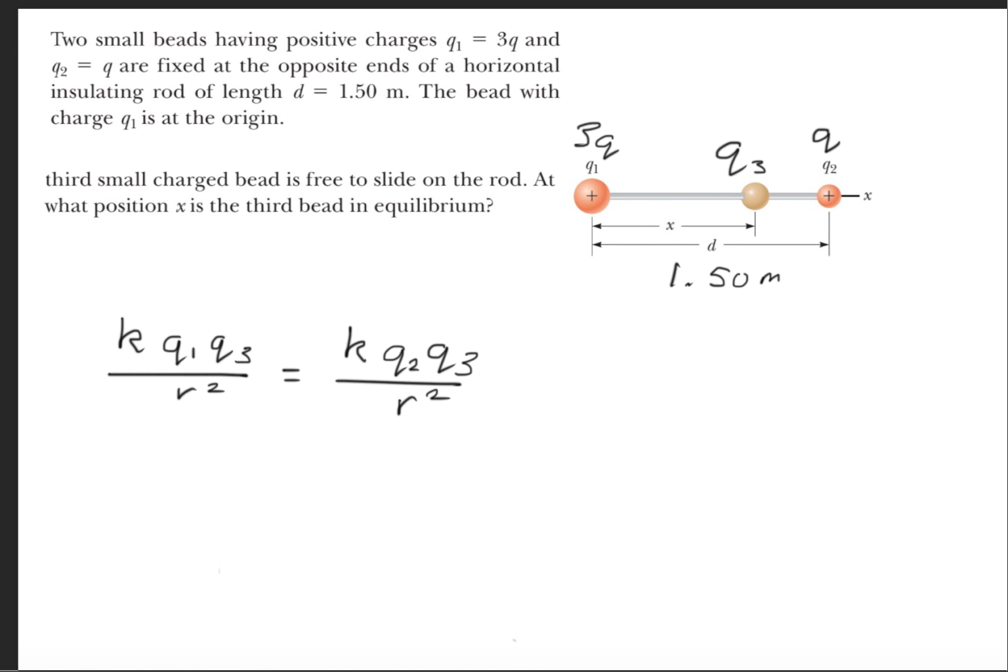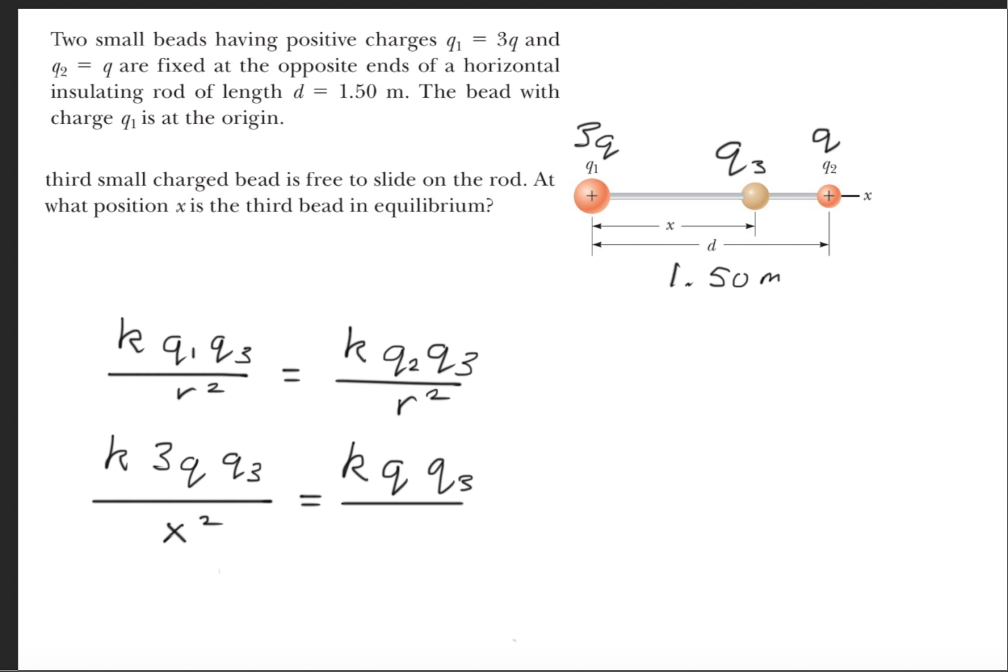So let's start substituting in some values. Here we have K, Q1 is equal to 3Q, and Q3, we'll leave it as Q3 for now. And we divide that over, in this case, X squared. Over here, we're going to have K, and Q2 is simply Q, and once again, we'll leave Q3 as is.